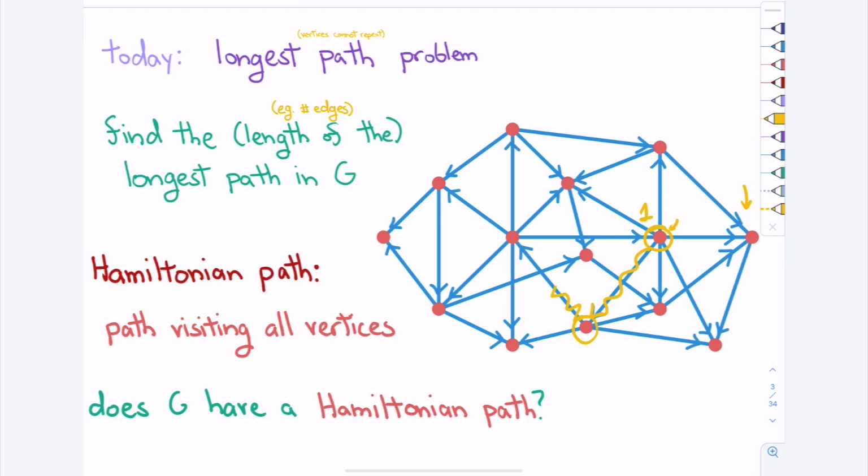Up and to the left. Then straight up, then to the left, then down, then slightly up and to the right. We're doing pretty well. Down and to the right, up and to the right, and then down.